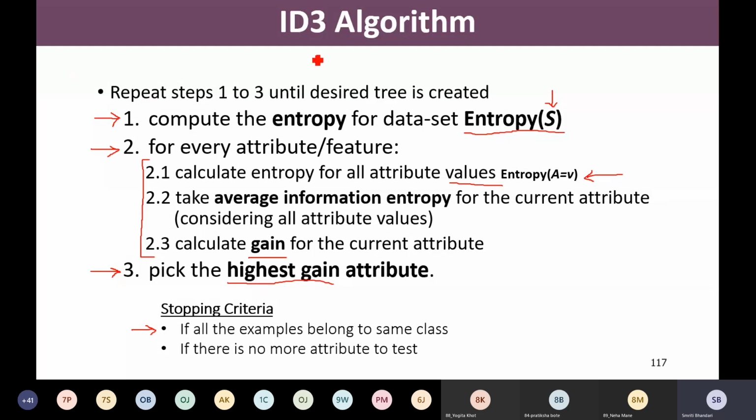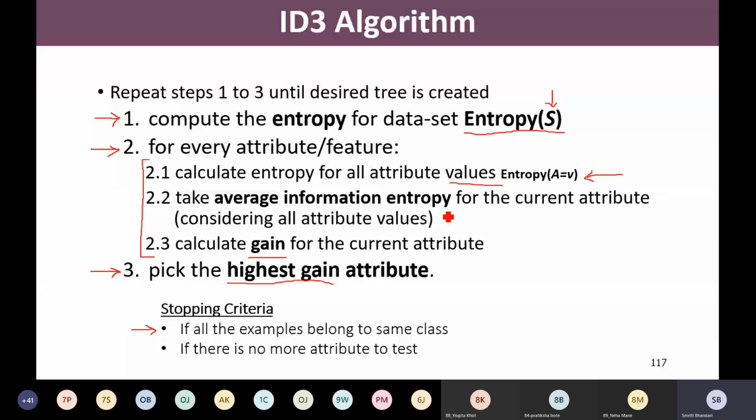So, what are the steps in our ID3 algorithm? I am repeating once again. In the first step, we compute the entropy for the entire data set, and we denote it as entropy of S. Next, for every attribute, we compute the entropy for every attribute value.